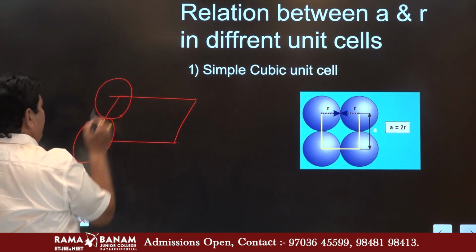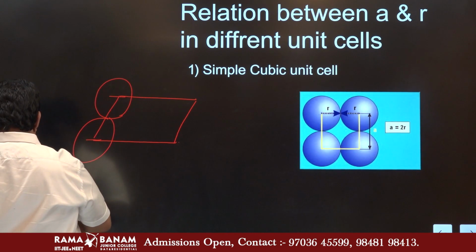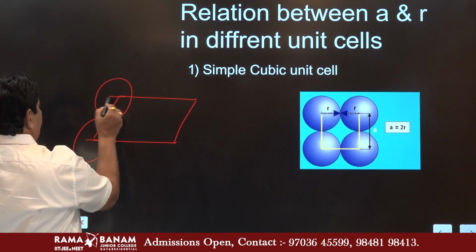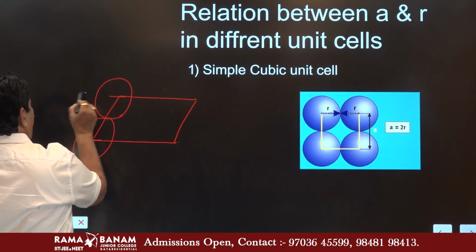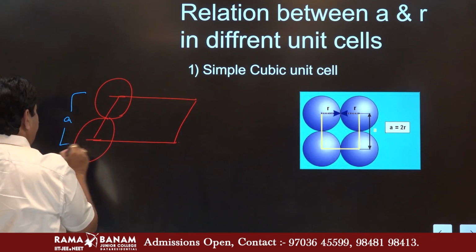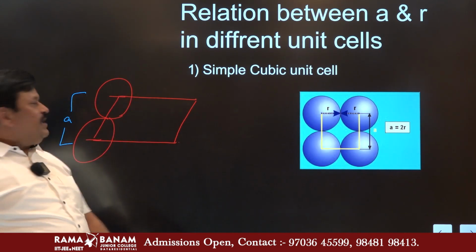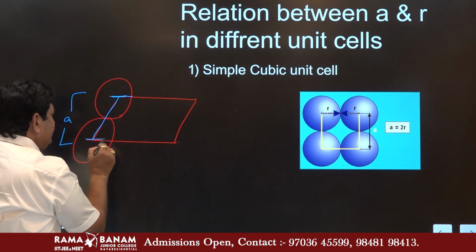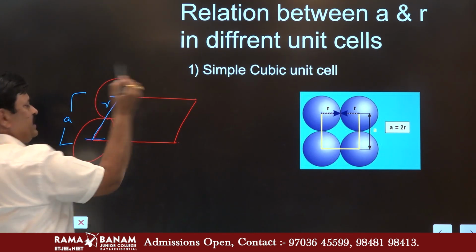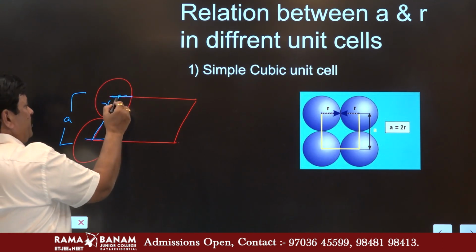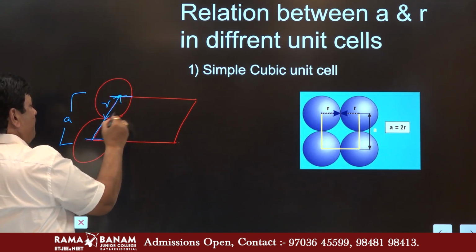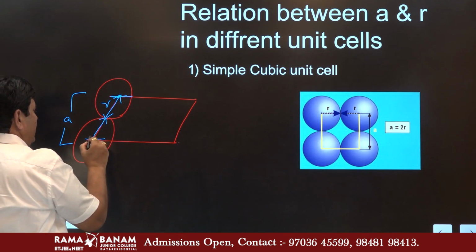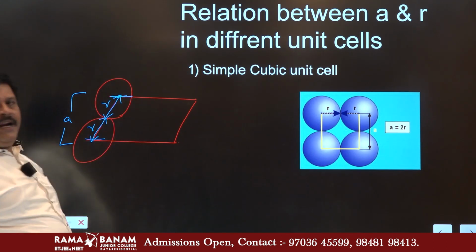From ear to ear, this distance is a. Why? Because it is the edge length of the unit cell. This is the radius of one particle, and this is the radius of the second particle.